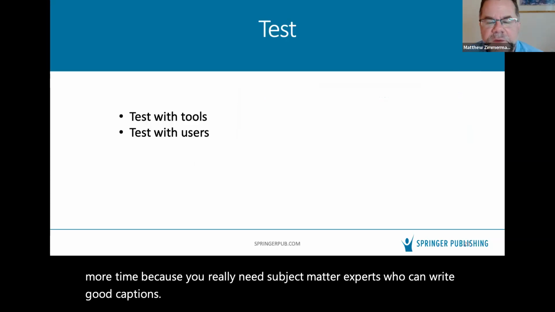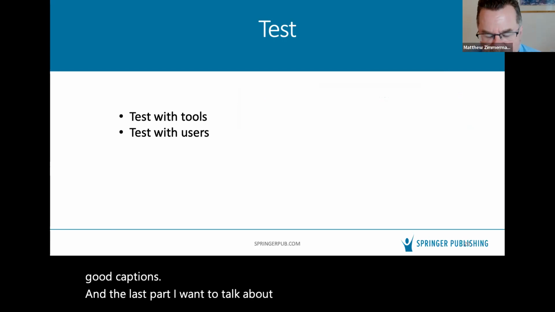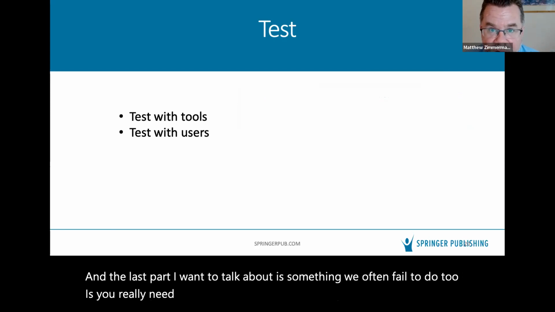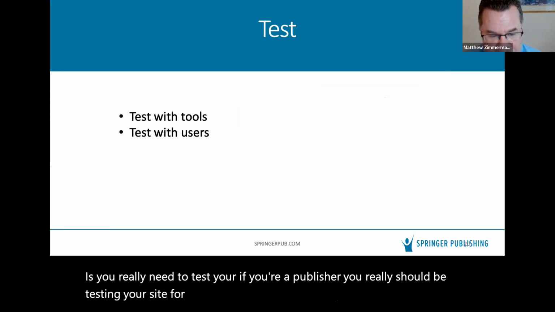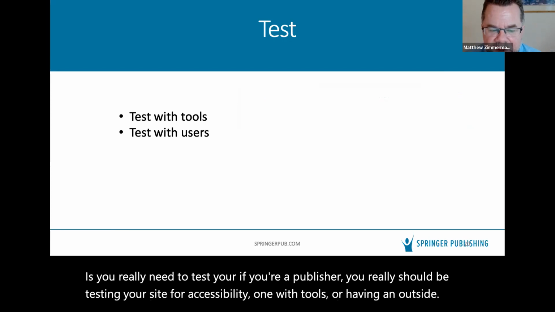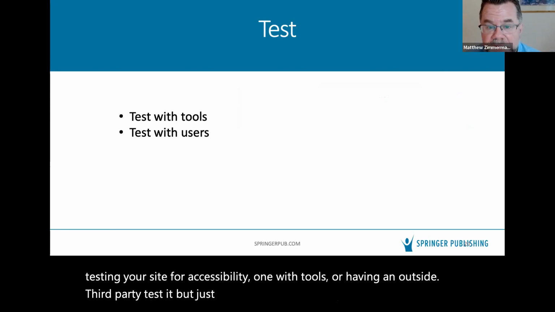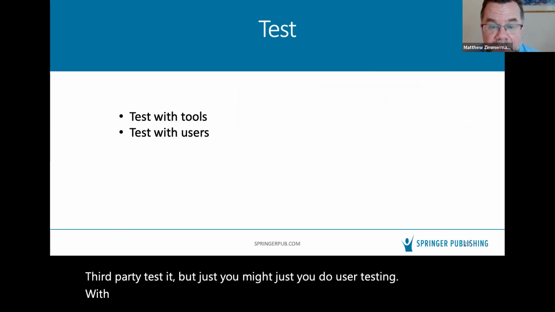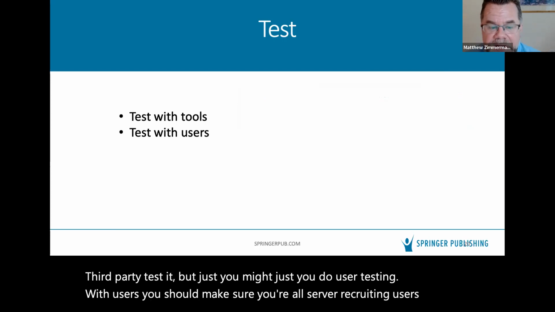And the last part I want to talk about is something we often fail to do too: if you're a publisher, you really should be testing your site for accessibility. One way is with tools, or having an outside third party test it. But just like you do user testing with users, you should make sure you're also recruiting users who use assistive technologies.